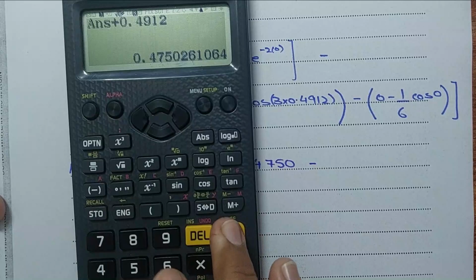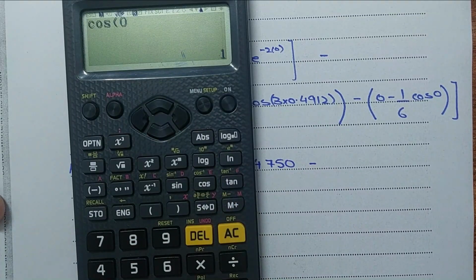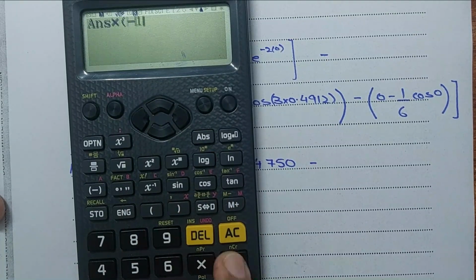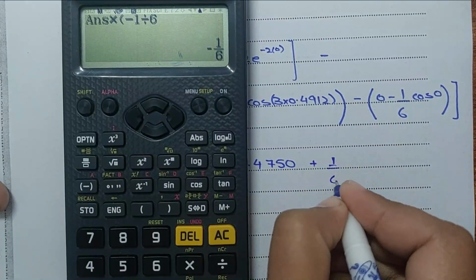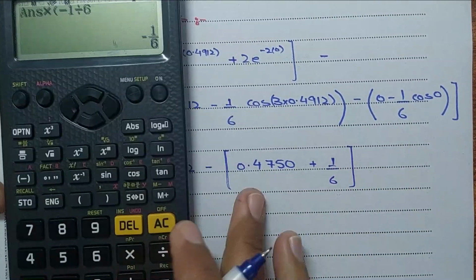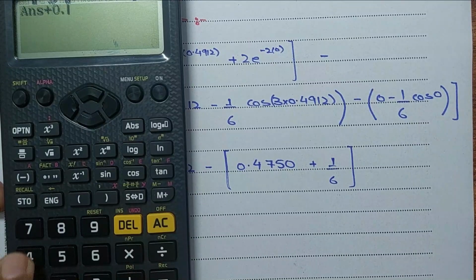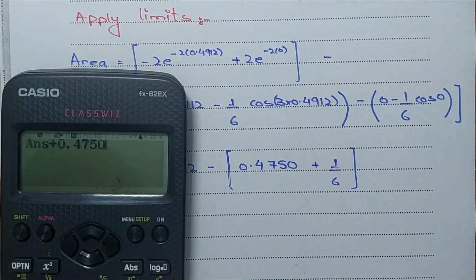And this term, cos of 0 is 1, and 1 times minus 1 over 6 is minus 1 over 6, and this is plus 1 over 6. So plus 1 over 6 adds up with 0.4750.